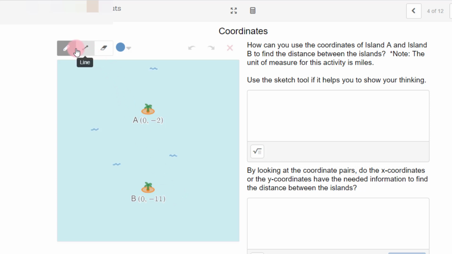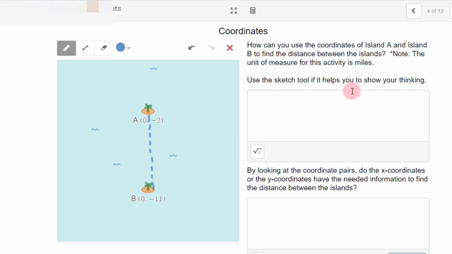So one thing that the students can do is they can actually use this thing called the sketching tool. So here they're at -2, they can actually start to count. -3, -4, -5, -6, -7, -8, -9, -10, -11. So I've got 1, 2, 3, 4, 5, 6, 7, 8, 9. There's a difference of 9.